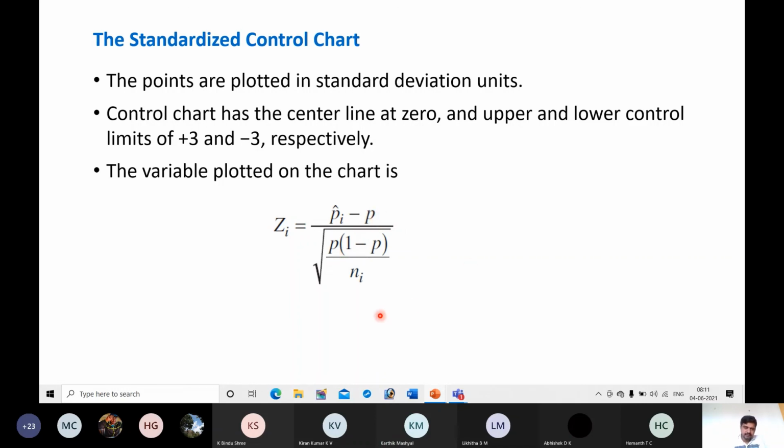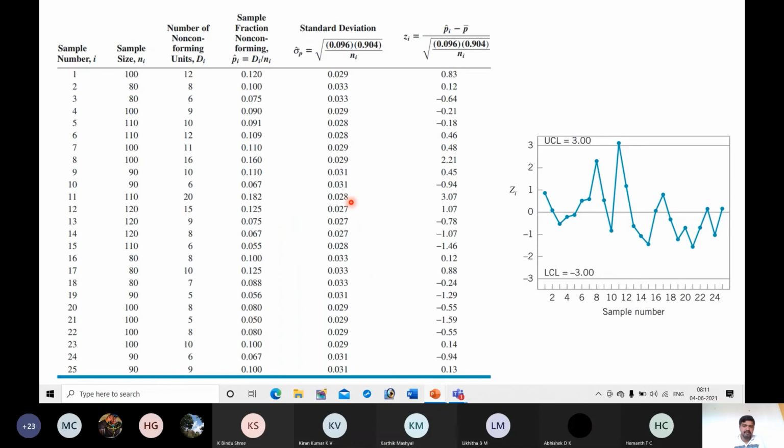Based on this, we can find out Z values. Again, sample number, sample size, and number of non-conforming: these three columns will be given. We can find out P cap values, then we can find out the standard deviation values also, which is used as the denominator.